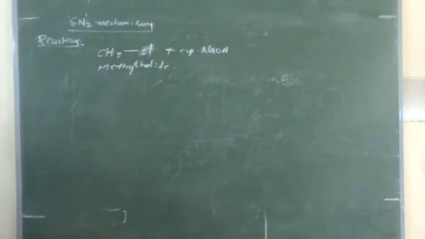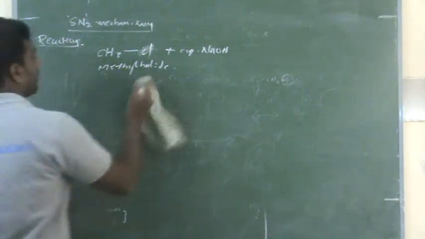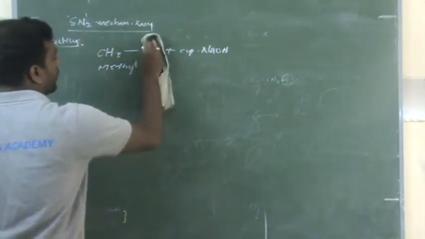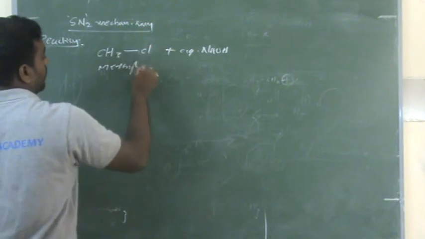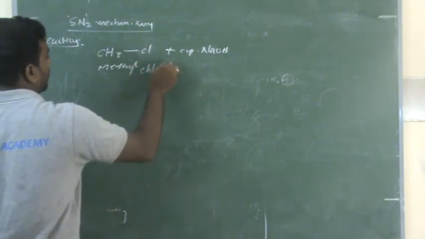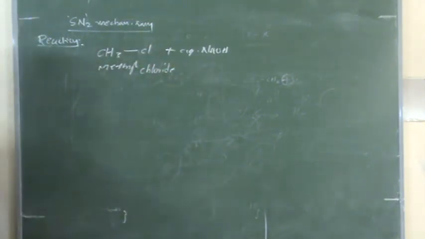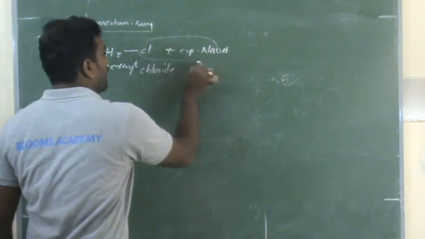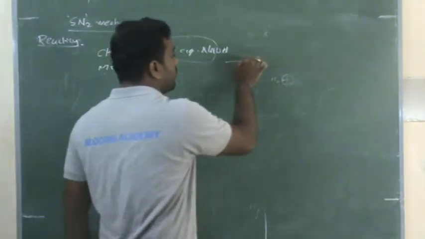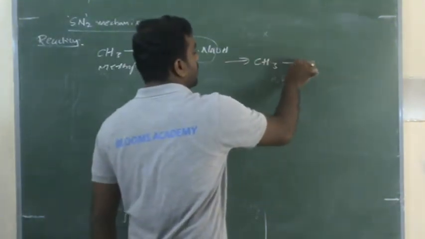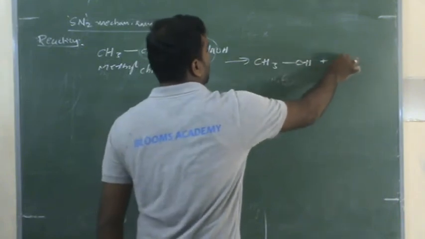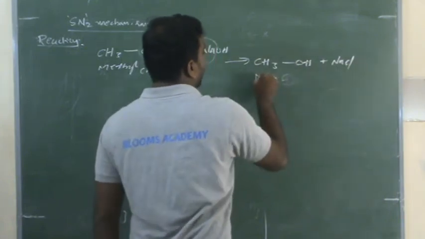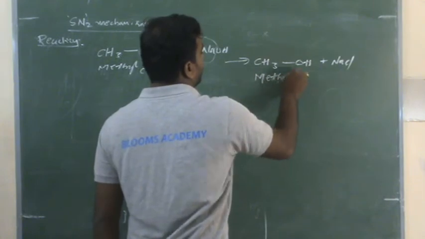If you take the Cl there, then it becomes a chloride. This methyl chloride can react with aqueous sodium hydroxide, removing NaCl like this. Formation of CH3OH plus NaCl. This I can call methyl alcohol.